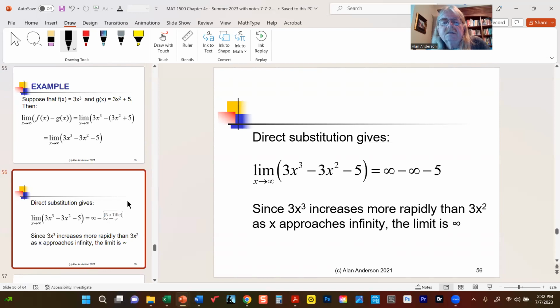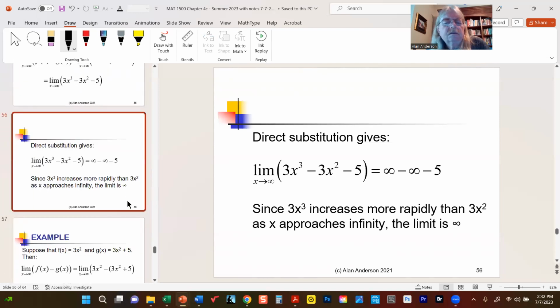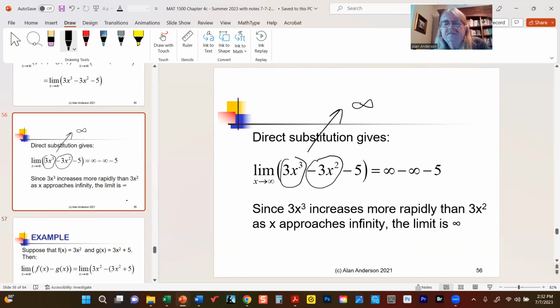This one is growing more quickly than this one. So the logic is that if that's the case, then the actual limit here is just positive infinity.